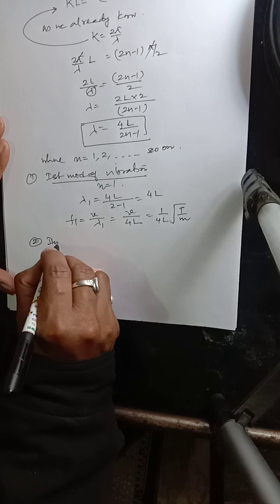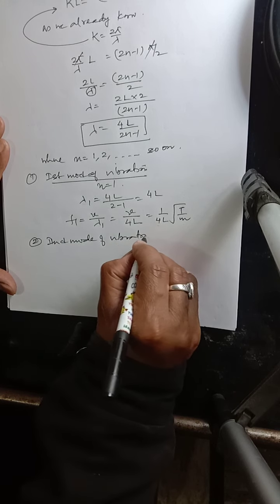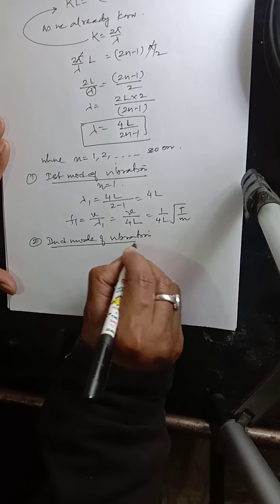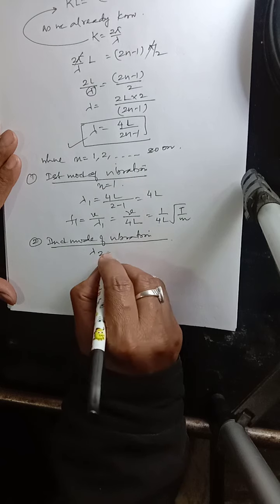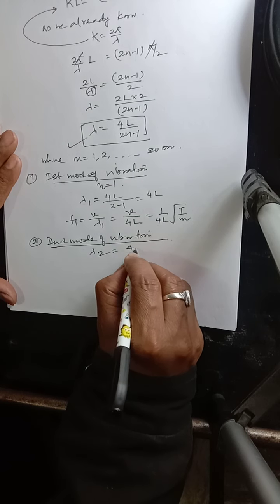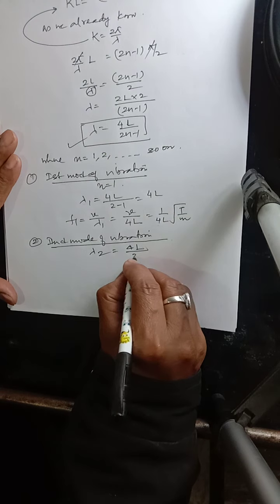Now the second mode of vibration, lambda 2. I am writing directly: 4L upon (2 times 2 minus 1), that is 3.